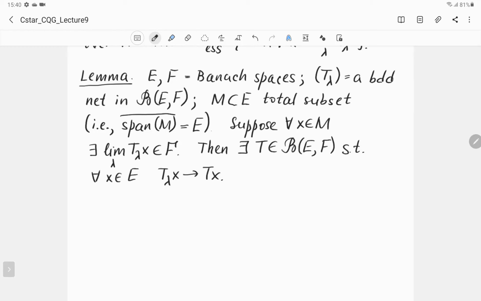In other words, if we have a pointwise convergence of a bounded net over a total subset, then the same net converges everywhere to a bounded linear operator. The proof is a standard exercise in functional analysis.